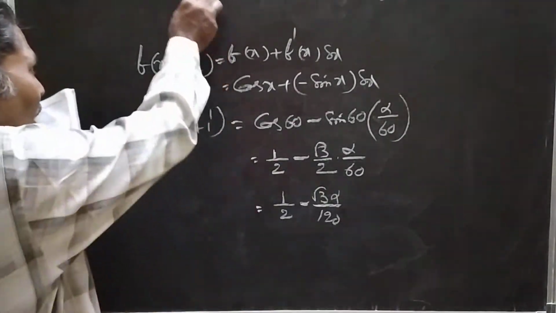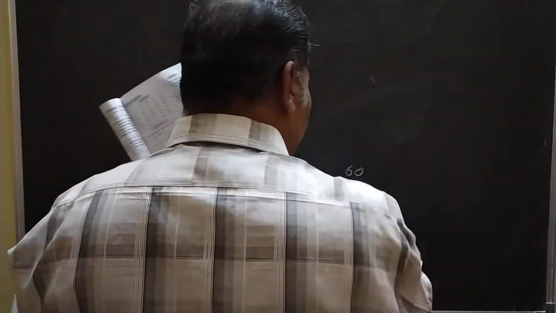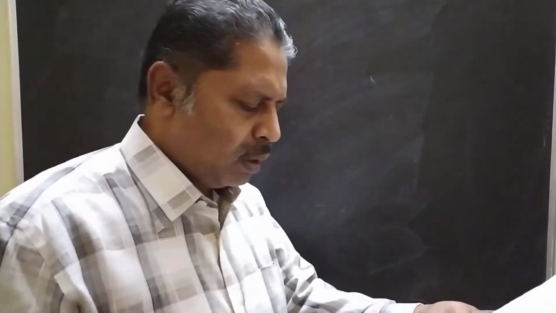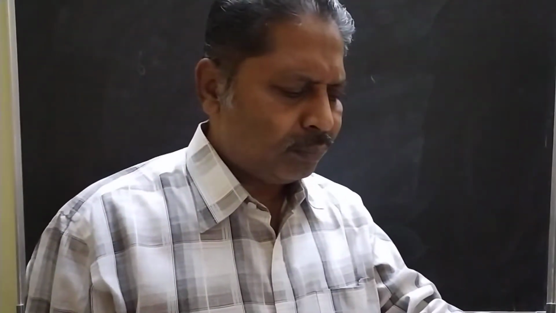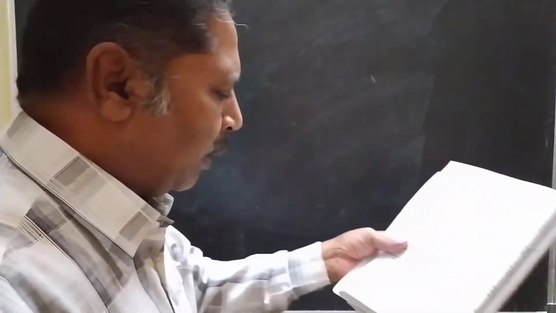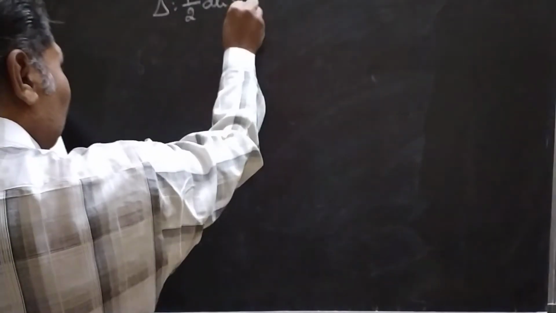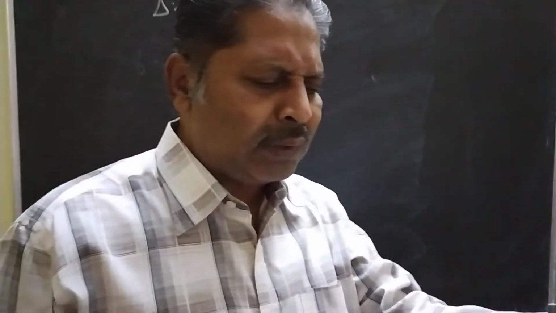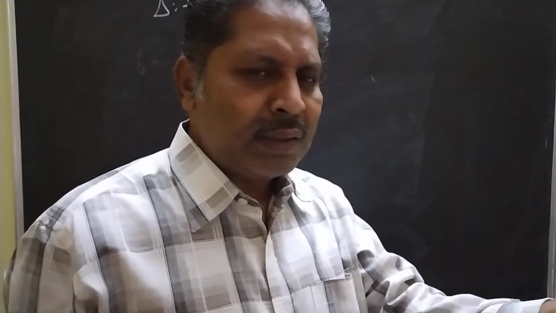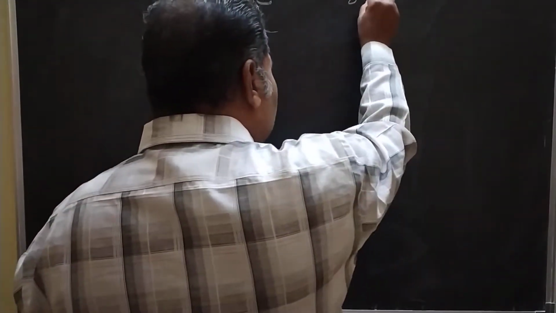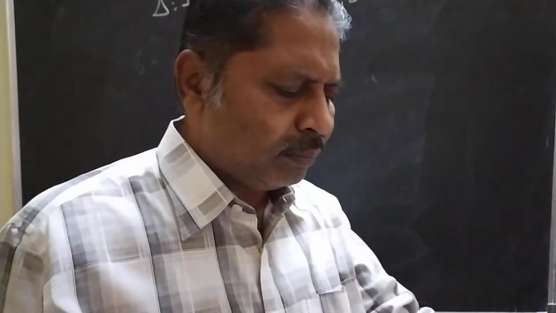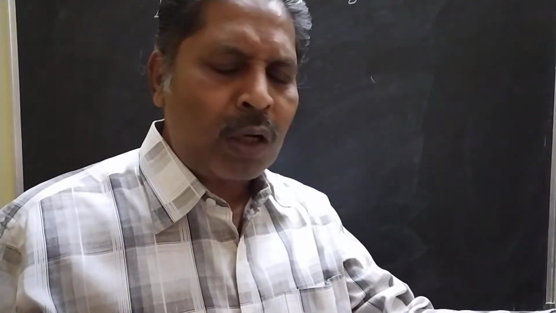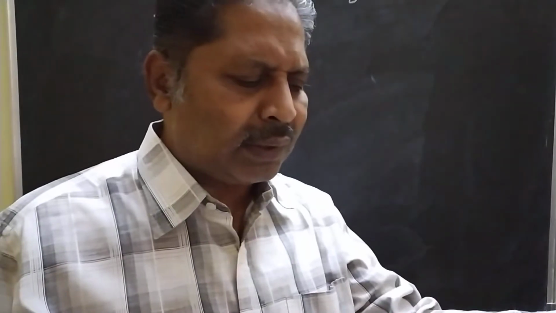Next, another problem. All of you listen. The area of the triangle is calculated by the formula of AB sin C. Given the error in C is delta C, find the approximate error, not percentage.